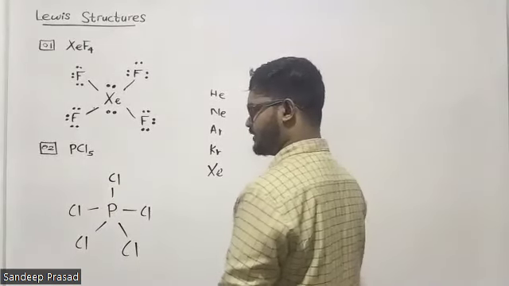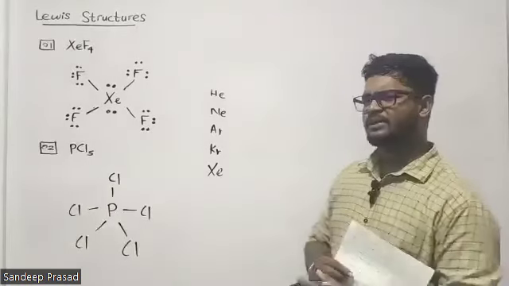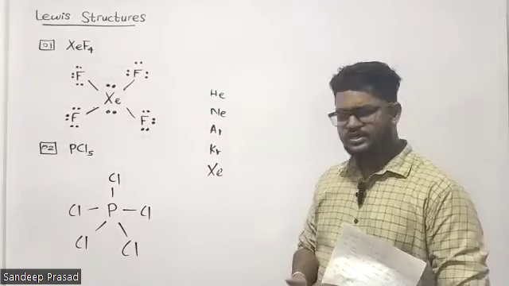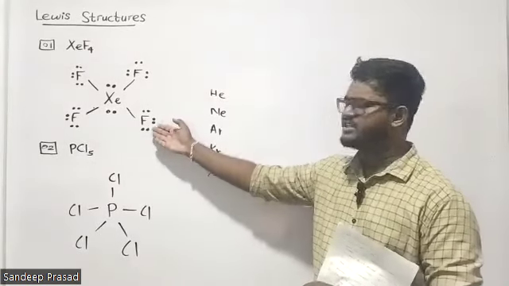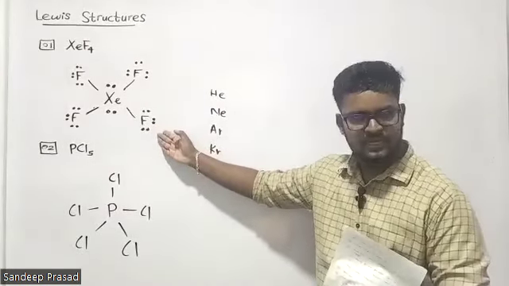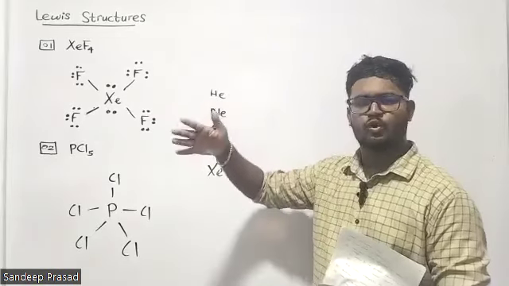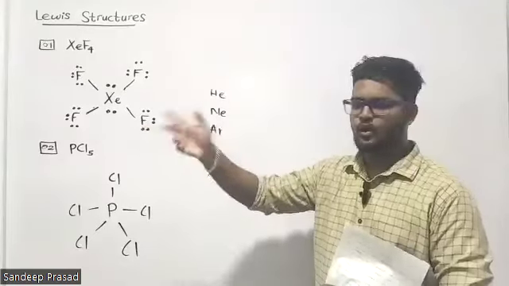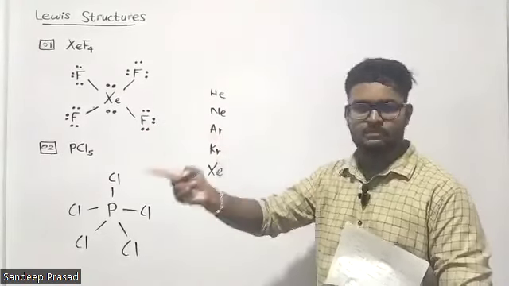Then phosphorus is surrounded by 5 chlorine atoms. Normally, when chlorine is connected to an atom, that is also making one bond. Why? This is actually the behavior of the halogen elements. Fluorine also same thing. Fluorine, chlorine, bromine, iodine. Halogens, group number 17. Only one electron needed to complete the octet.